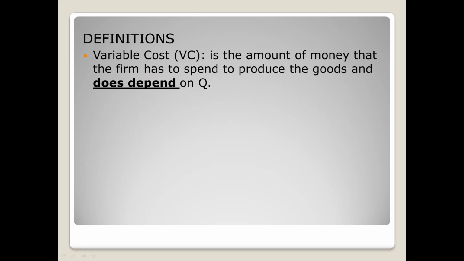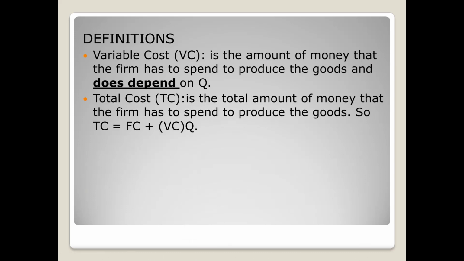Normally, it's directly related to the amount of goods produced. If the amount of goods produced is higher, the variable cost will be higher. If the amount of goods is less, then the variable cost is less. So we have two types of cost, fixed cost and variable cost, FC and VC.